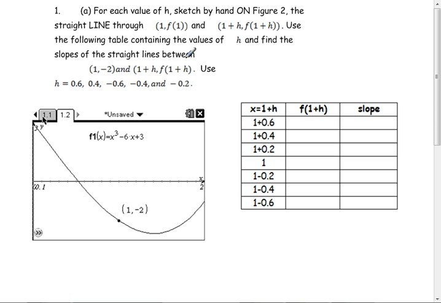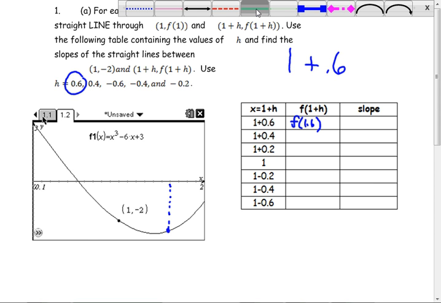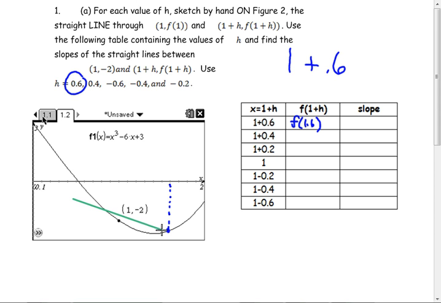So you're starting at 1 and you're going to go over h. So you're going to be at f of 1.6. I'll show you how to easily get this off your calculator. So 1.6, actually we can do this on this graph. There's 1, 2, 3, 4, 5, 6. So it's down here. And it asks you to draw the line containing them.